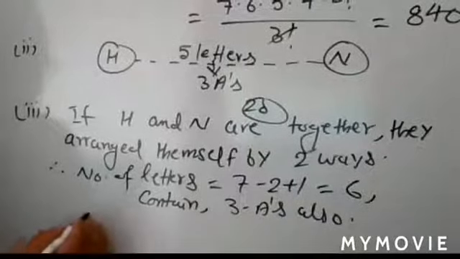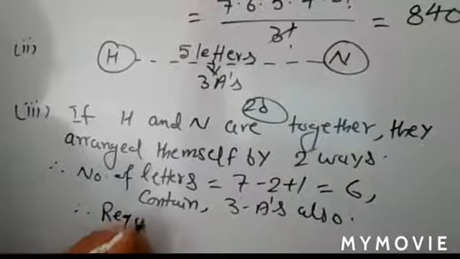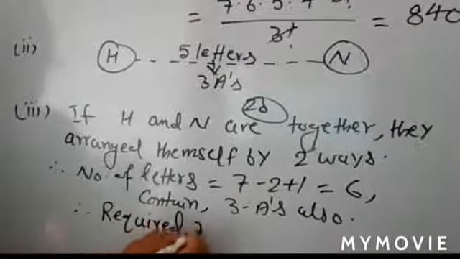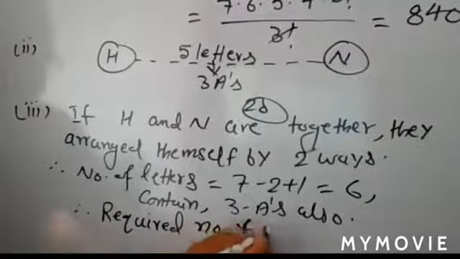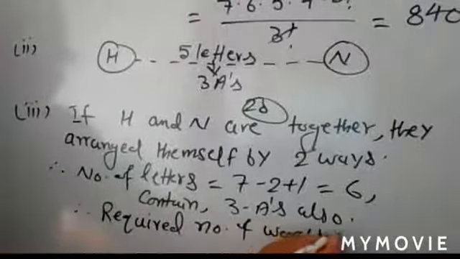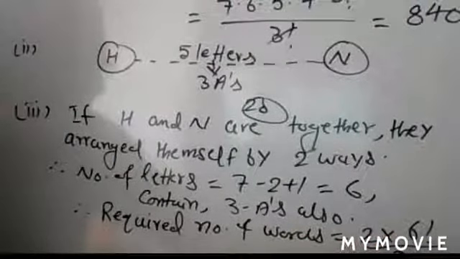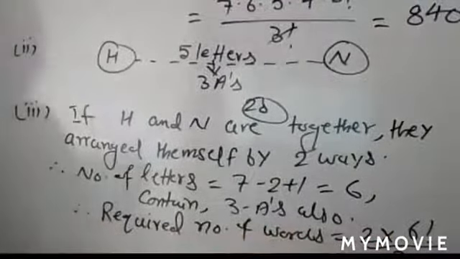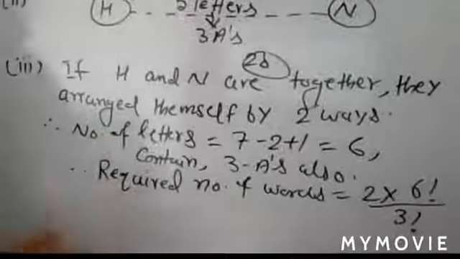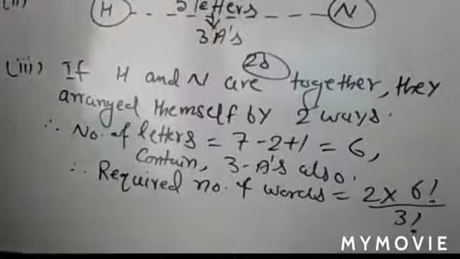So you can write it this way: required number of words is equal to 2 into factorial 6 upon factorial 3. Factorial 6 upon factorial 3 is 120. You multiply all that and you will have your answer.